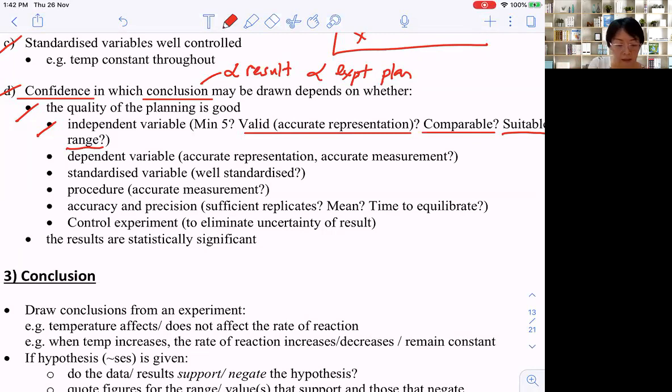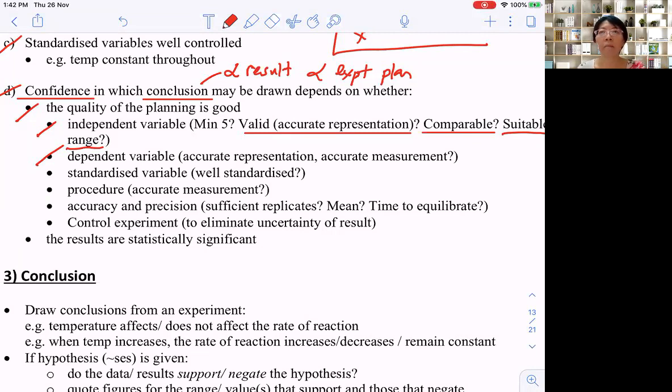Okay? Now the next thing is the dependent variable. Does the dependent variable that I measure, the dependent variable is something you measure, right, represent what I want to know? For example, does the number of bubbles released per unit time represent the rate of respiration? Does the time taken for methylene blue to disappear represent the rate of photosynthesis?